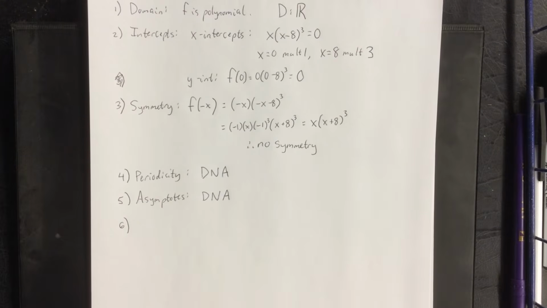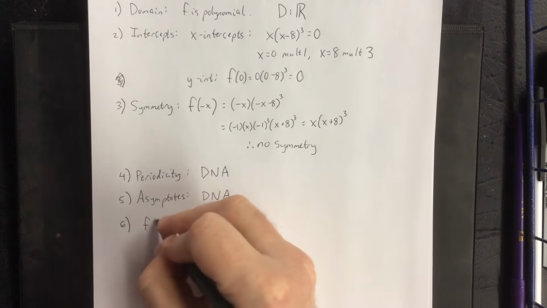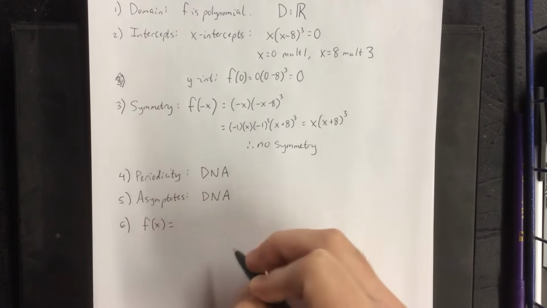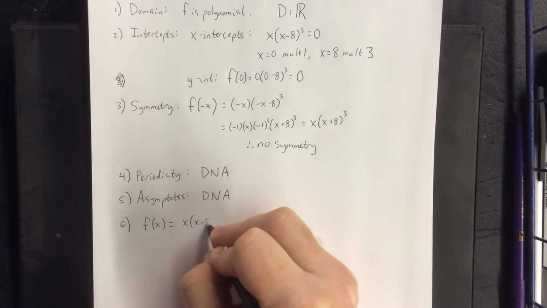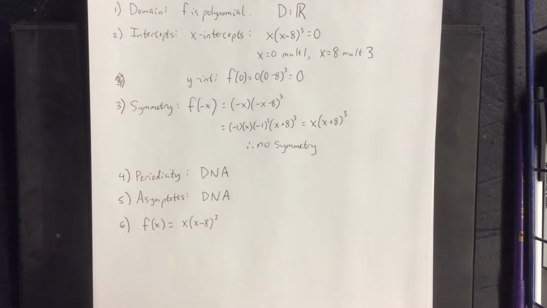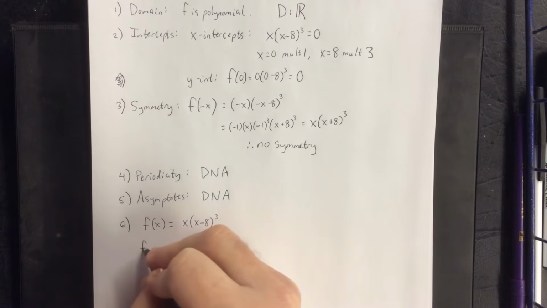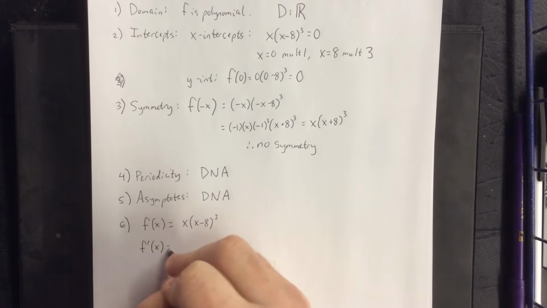Now let's get into the good stuff. The good stuff is going to come in the form of doing some calculus. Now, as I mentioned a moment ago, if you want to have a really terrible time with this, then I recommend expanding this thing completely. What we're going to do instead is take a derivative using the product rule.